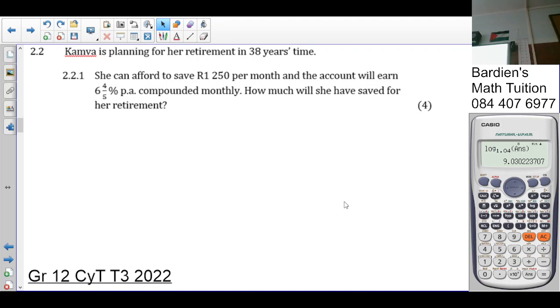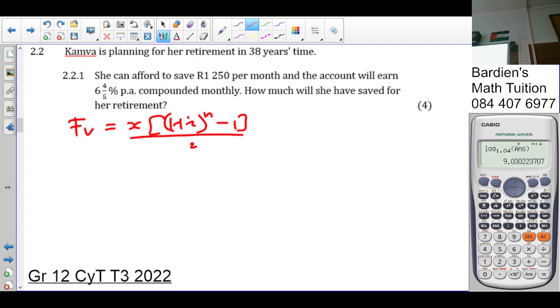Okay, so a mixed fraction percentage is given. Compounded monthly, so the interest over 12. How much will she have saved for retirement? So she is saving, so it's an FV formula. So x into 1 plus i to the n minus 1 over i. We want to calculate FV.